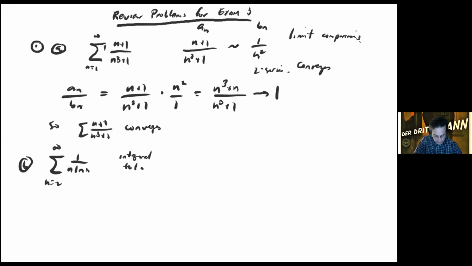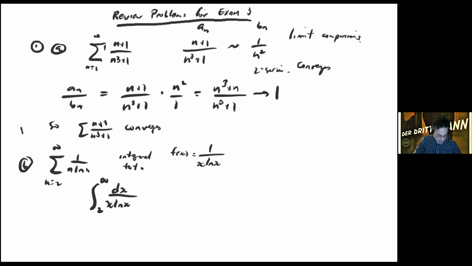The function f of x in this case is 1 over x ln of x, which is clearly decreasing, and non-negative for x strictly bigger than 1. So it's enough to consider the integral from 2 to infinity of dx over x ln of x.